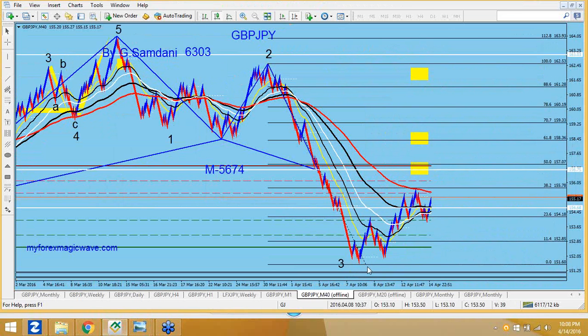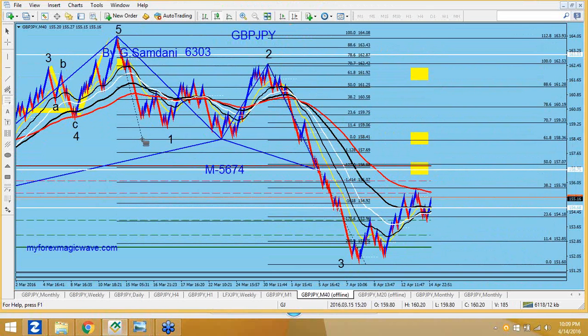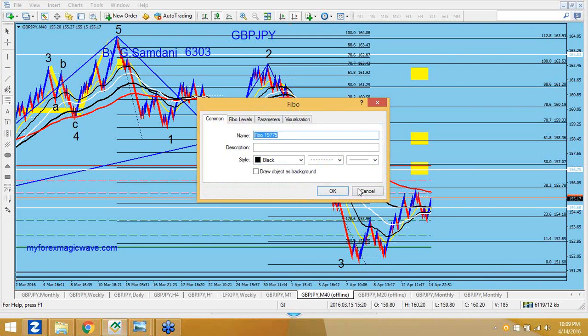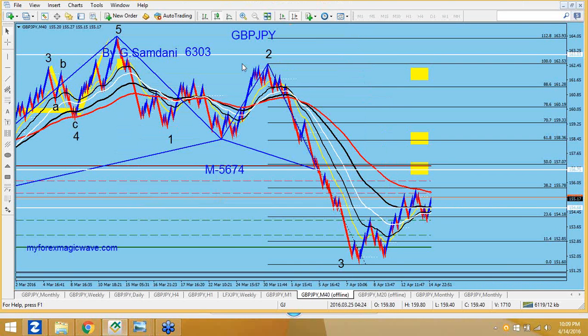And if we measure this drop and this pullback, what do we see? This drop and this pullback is exactly between 61% and 78%. The 70.7 area was hit. So this could be 1 and 2 perfectly.